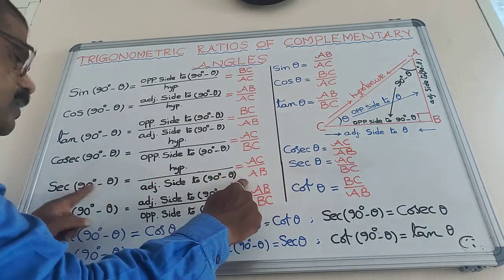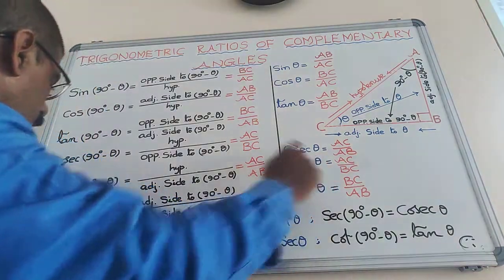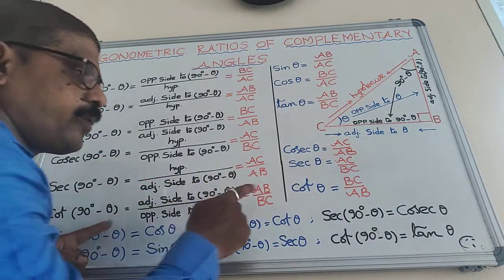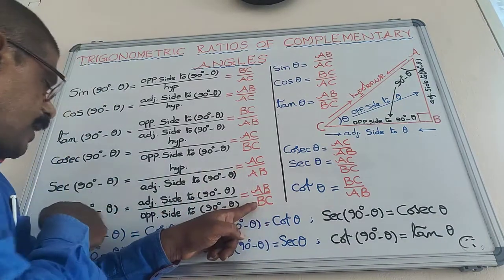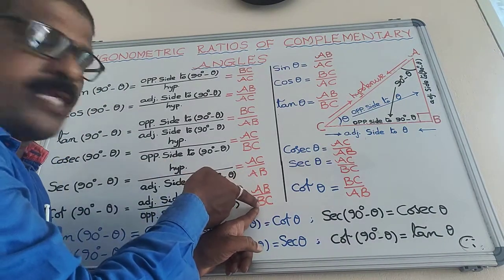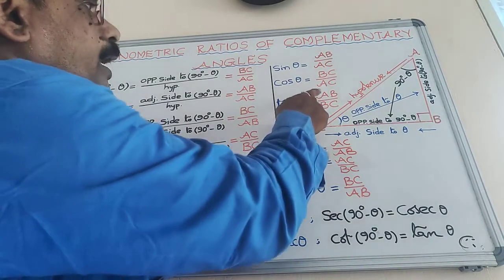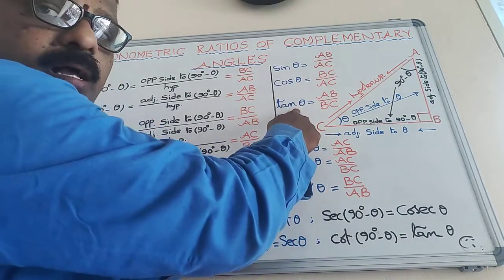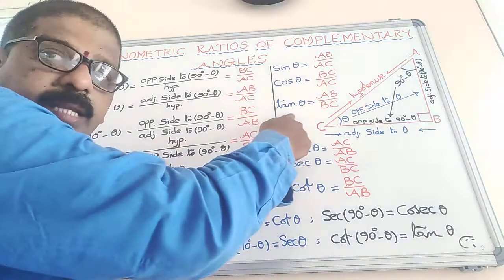Now we can write secant 90 minus theta equals cosecant theta. The next one is cot 90 minus theta. Value is AB by BC. Now we observe that AB by BC value is tan theta. Now we observe that cot 90 minus theta equals tan theta.